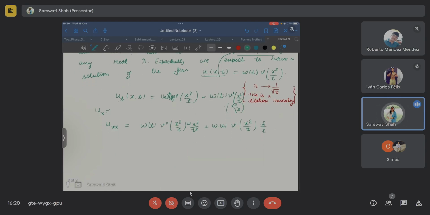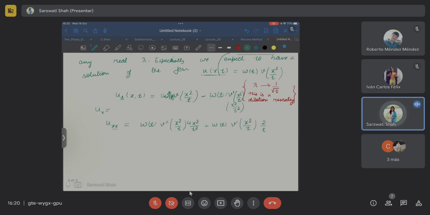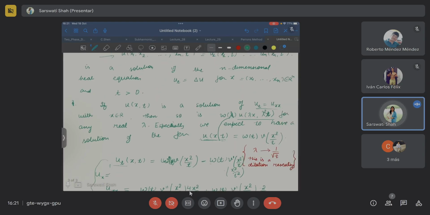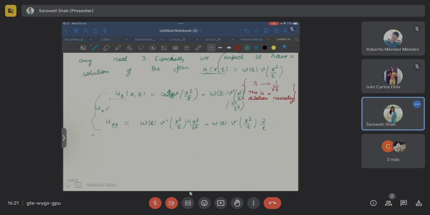Now, in order to have a solution of this heat equation, which should satisfy the heat equation, just substitute it in the heat equation: ut = uxx.